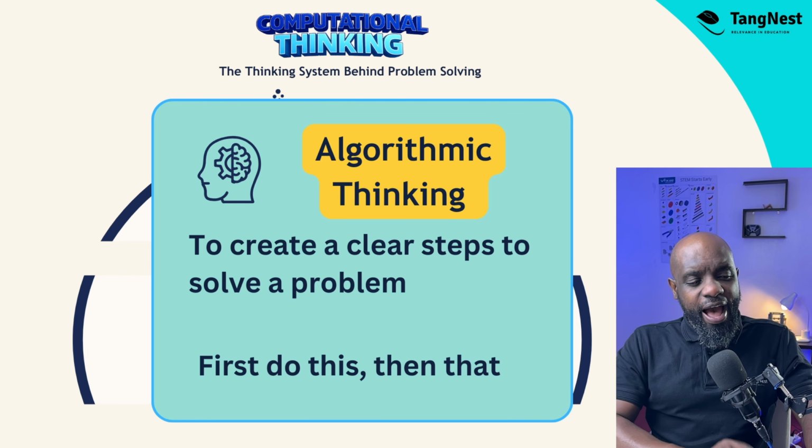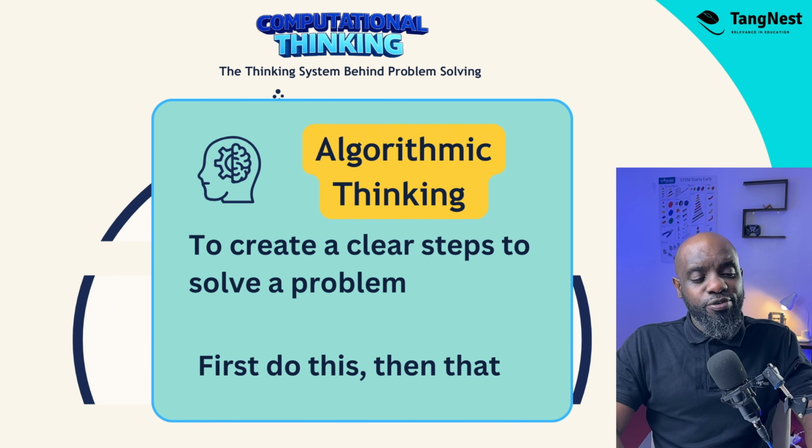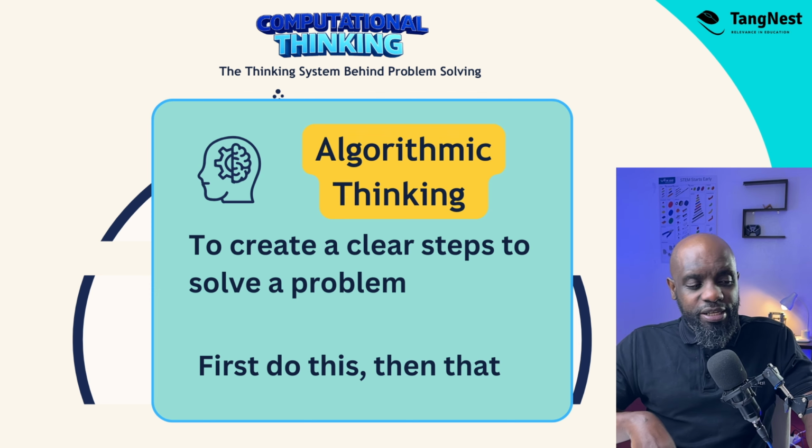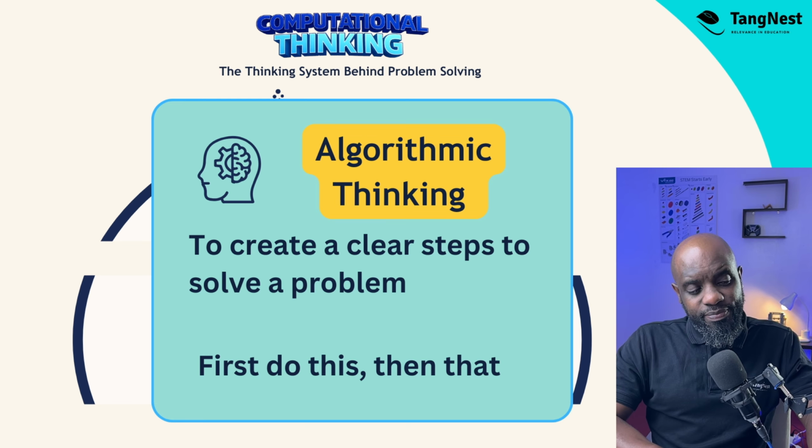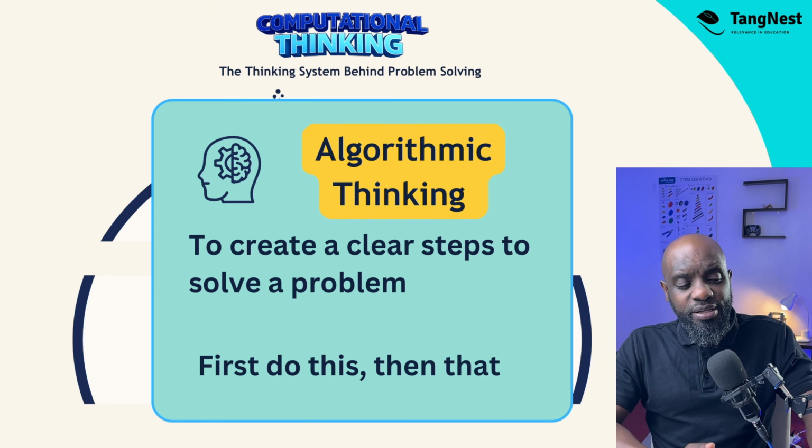The next thinking habit is algorithmic thinking. Algorithmic thinking is the ability to create clear step-by-step instructions to solve a problem. Kids, when they practice this thinking habit or behavior, start to think like this: first, I do this, then I do that. And when you look at it, this is exactly how complex systems and technologies are built.